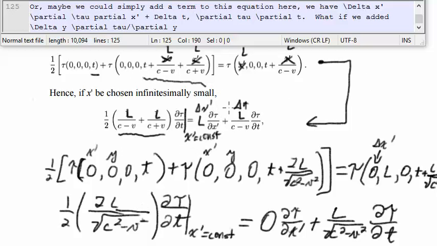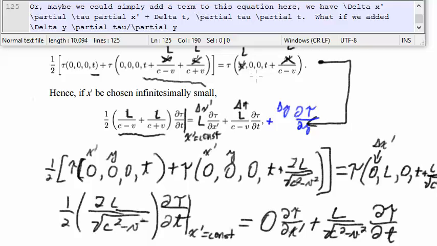Or maybe we could simply add a term to this expression here. We have delta x prime partial tau partial x prime, plus delta t partial tau partial t. What if we added delta y partial tau partial y?